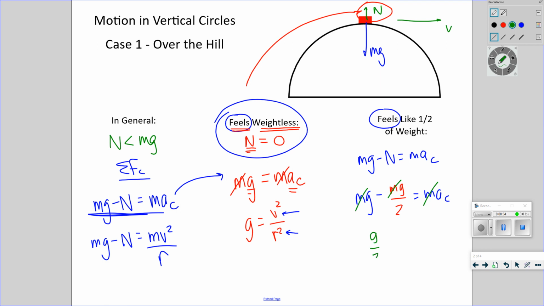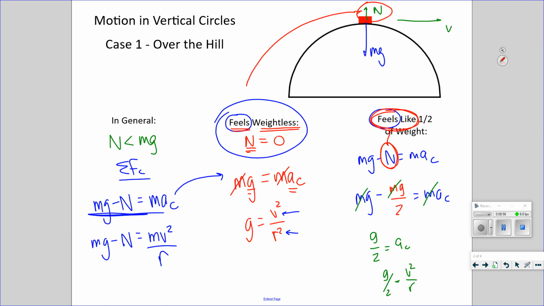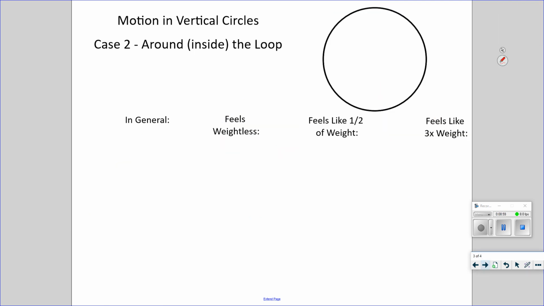That half of g is a_c, or half of g is v squared over r, and you have solved for what you want to solve for. So look for these feels-like statements. That's entirely connected to, at least in this case, normal force.